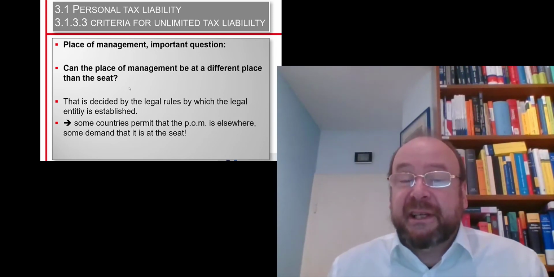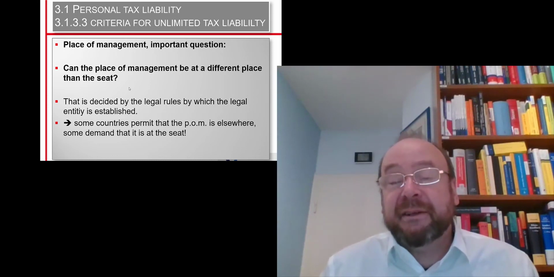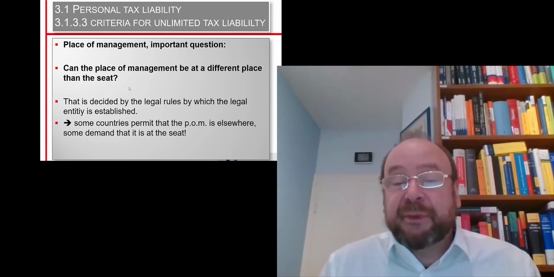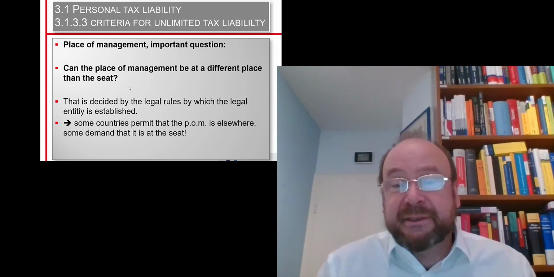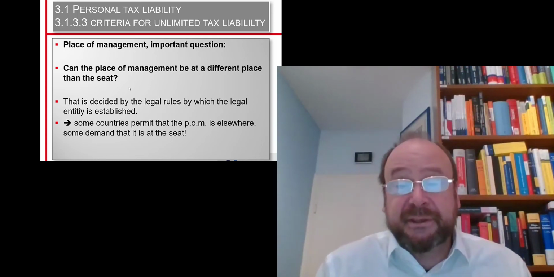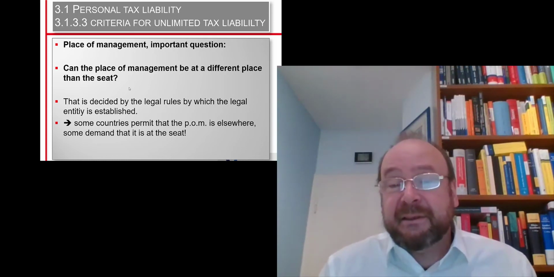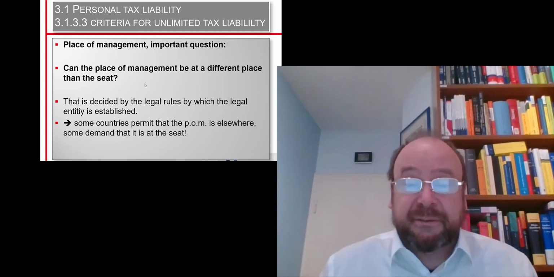Naturally, the question is, can the place of management be at a different place from the seat? And the answer is yes, naturally yes, otherwise it would make no sense. But it depends on the company law of this state and other states. There are states who do not allow their companies to have the headquarters, so the place of management, at a different place from the registered office or from the statutory seat, which are two words for the same.